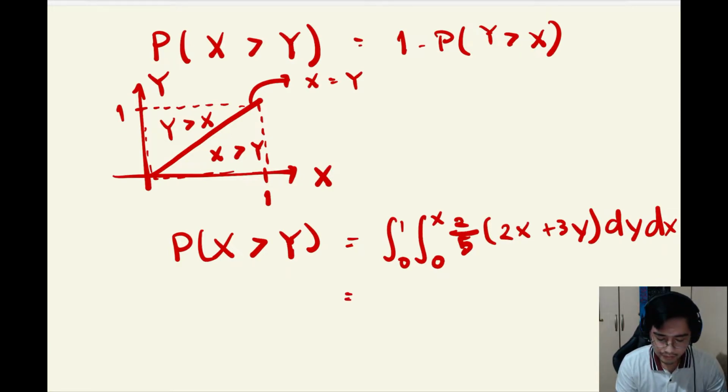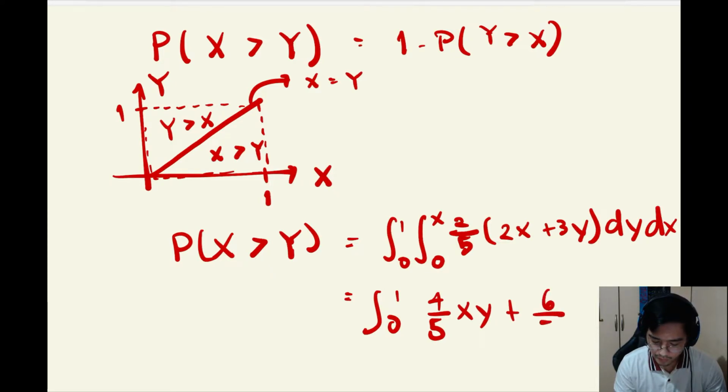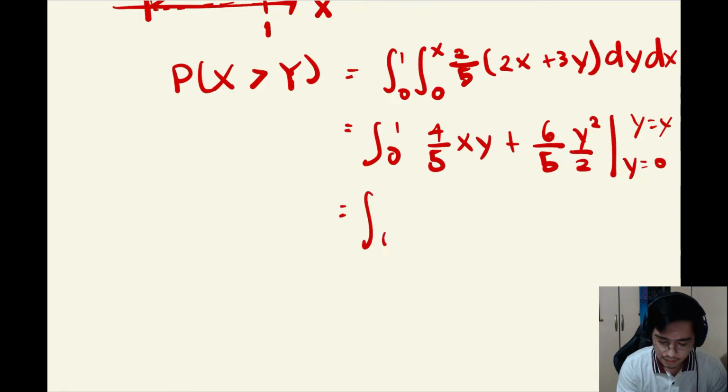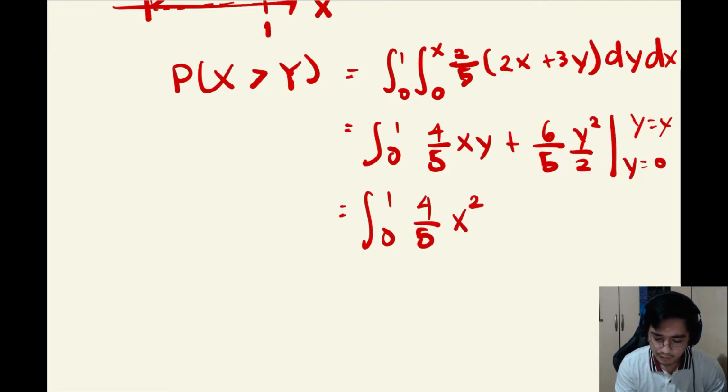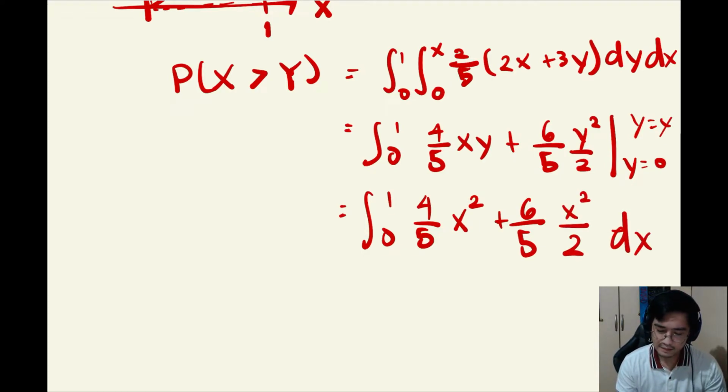We are now getting from 0 to 1, 4 over 5 xy plus 6 over 5 y squared over 2, integrated from y is 0 to y is x. So this is now from 0 to 1, and with y is x, 4 over 5 x squared plus 6 over 5 x squared over 2 dx.